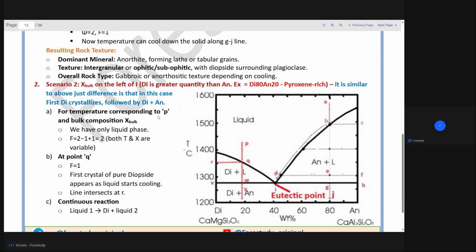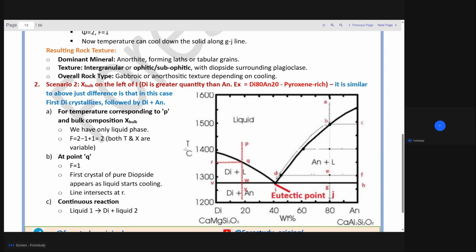So for the temperature corresponding to P and bulk composition X bulk, we have only liquid phase. F equals 2 minus 1 plus 1, that is 2. So both T and X are variable. If you're wondering why we are taking F equals C minus P plus 1 and not C minus P plus 2, there is a derivation for this.